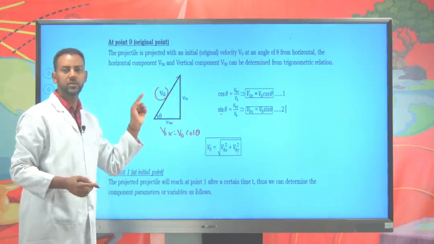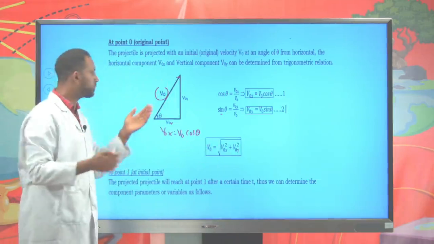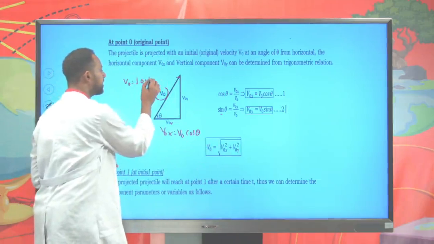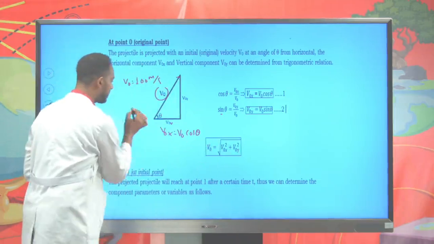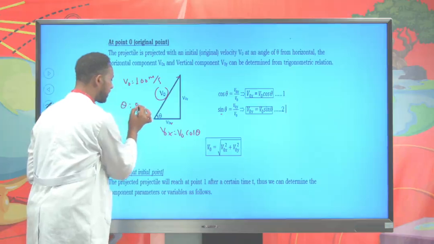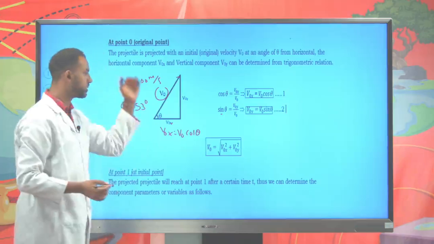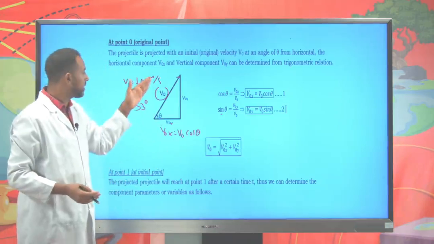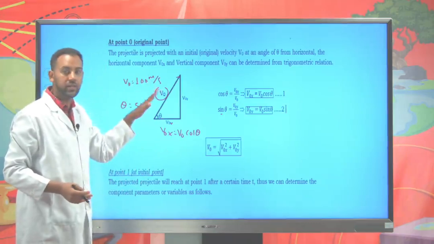Let's take an example. The object is thrown with an initial velocity of 100 meters per second at an angle theta of 53 degrees. Then what is the horizontal component of this velocity and the vertical component?